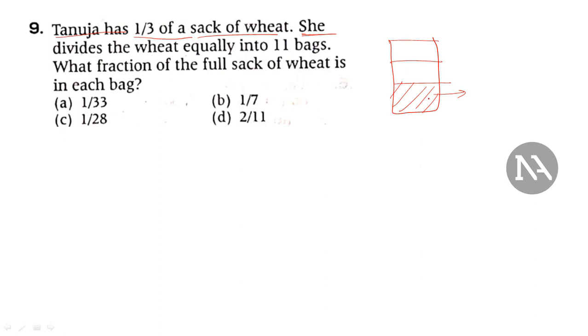In a sack, she has 1/3. Out of 3, she has only 1 portion of wheat. She divides the wheat equally into 11 bags. So she divides this 1/3 sack of wheat into 11 bags, like this. 1, 2, 3, 4, like 11 bags she divides.